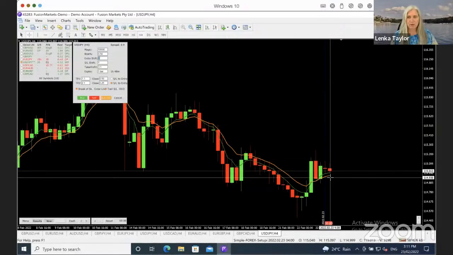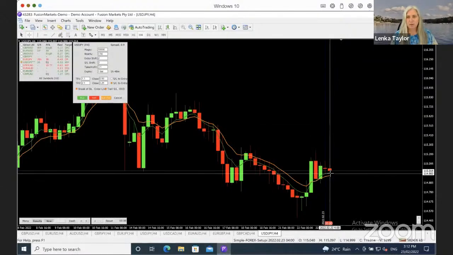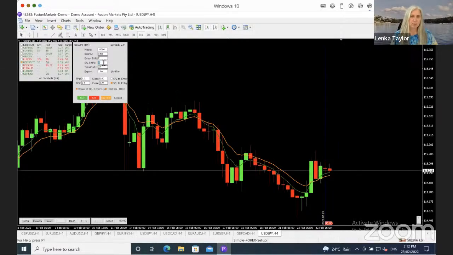So if we're on the current bar, I would be looking at 2 bars for the shift for the entry. So I would put 2 in there. For the stop loss, I want the stop loss 1, 2, 3. So 3 bars above that, the 3rd bar away from the current bar. So I would then put the stop loss shift to 3.